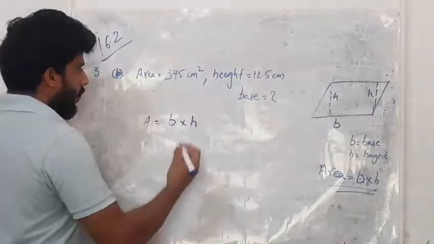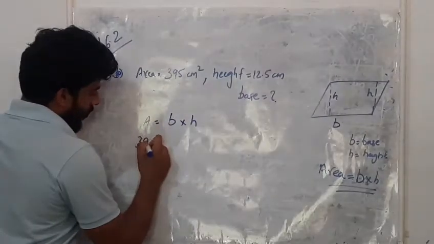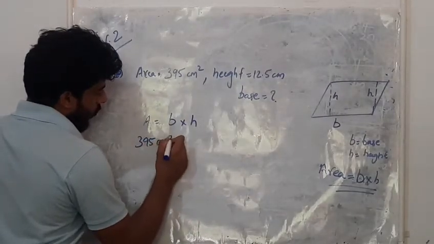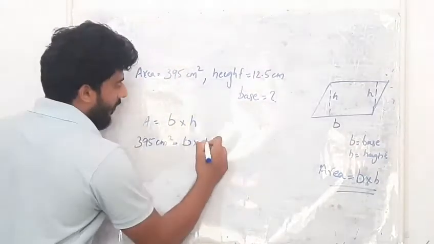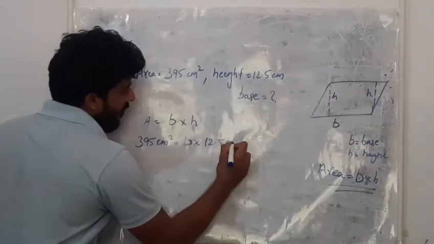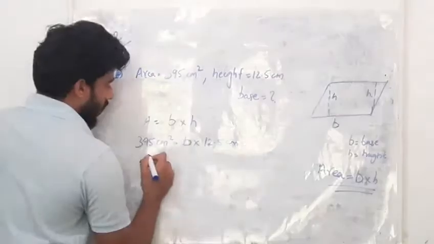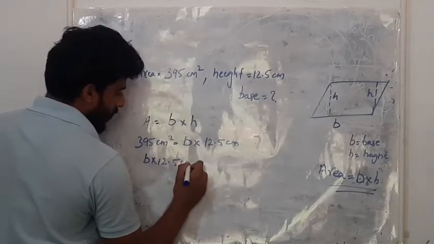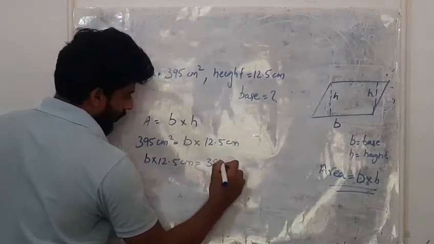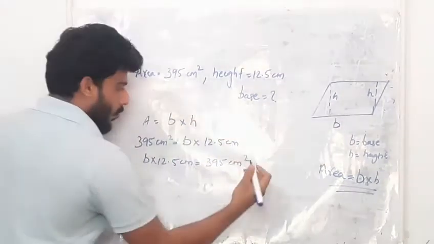So 395 centimeter square is equal to B into 12.5 centimeter.